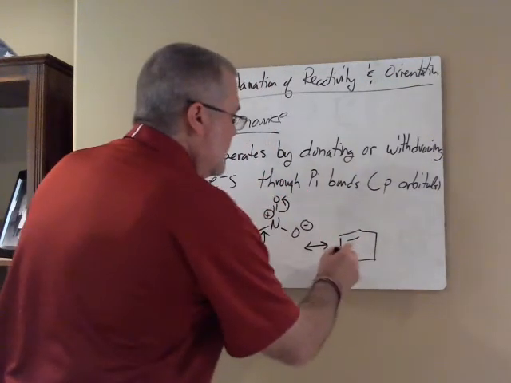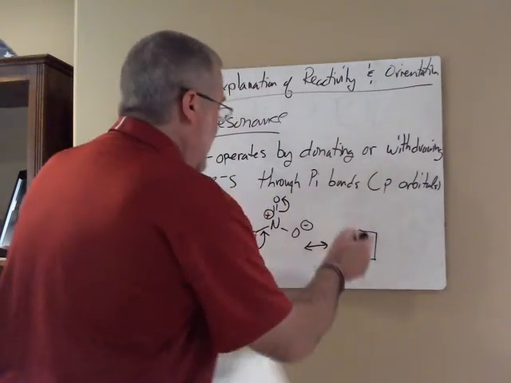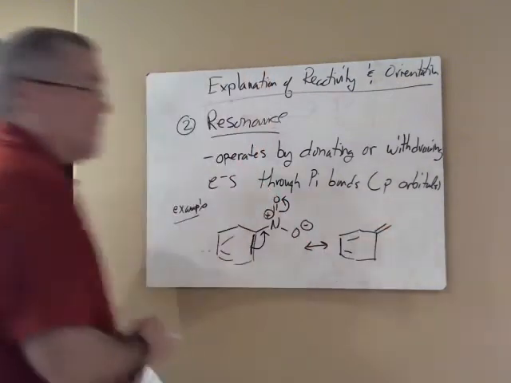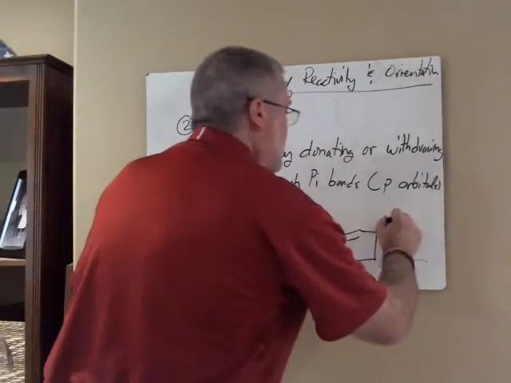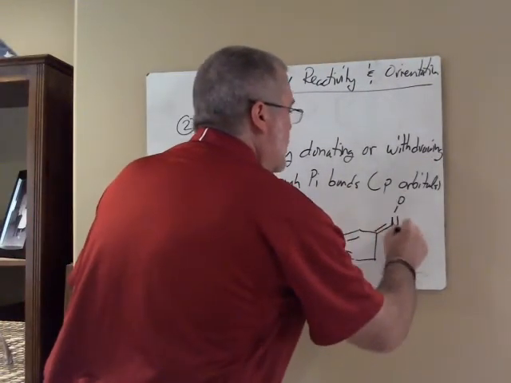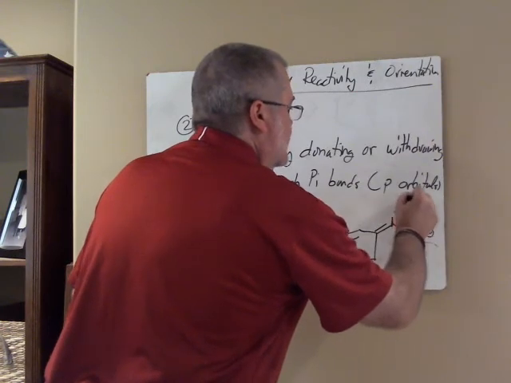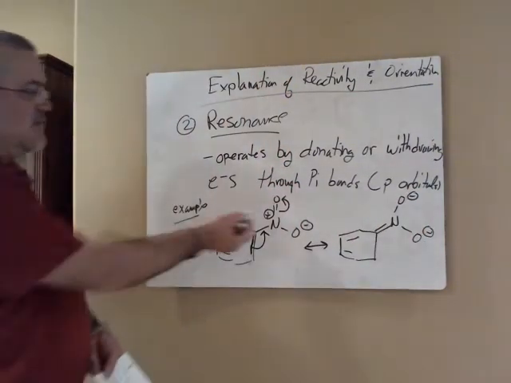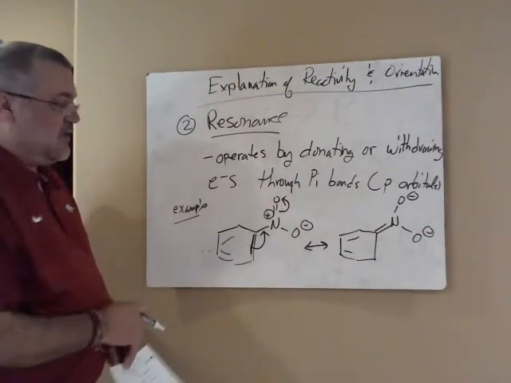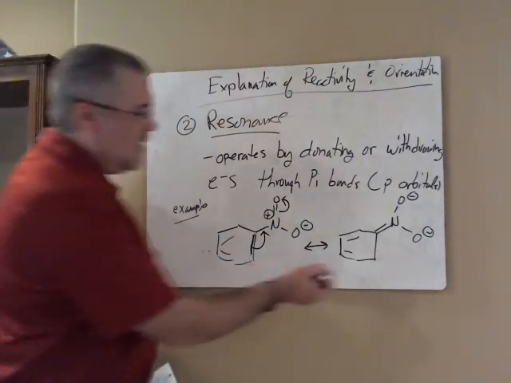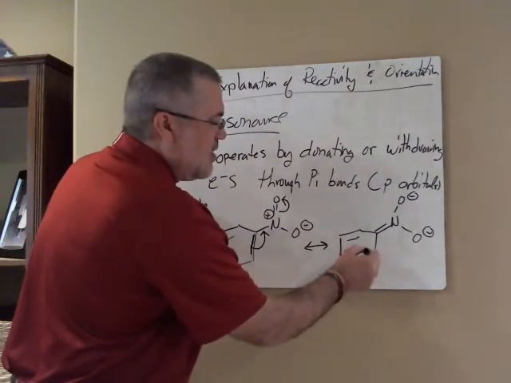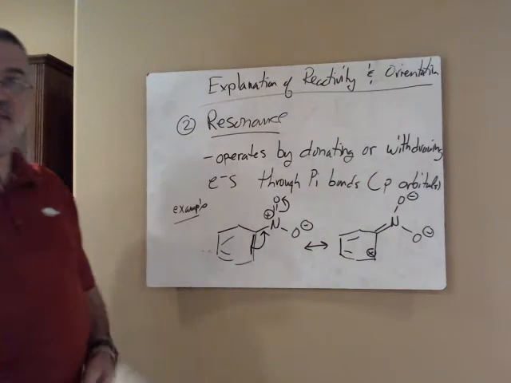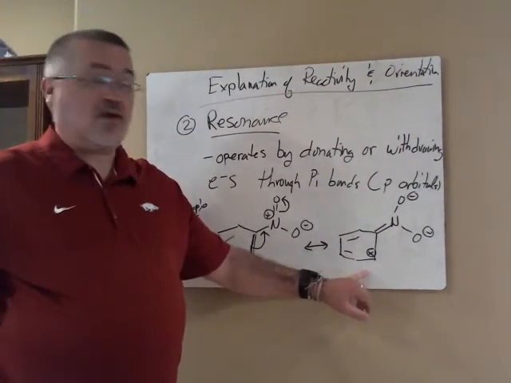I've moved these electrons out, right? So I formed a double bond here, nitrogen, O, O. Each of the oxygens have a minus charge because the electrons have moved out to this oxygen. And so what's been left here, that carbon is now deficient. It's got a plus charge.